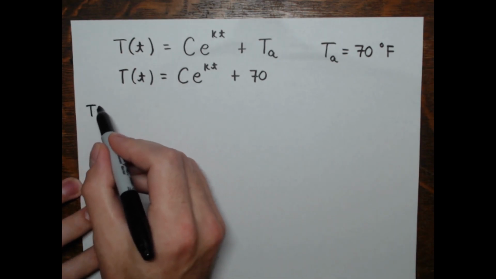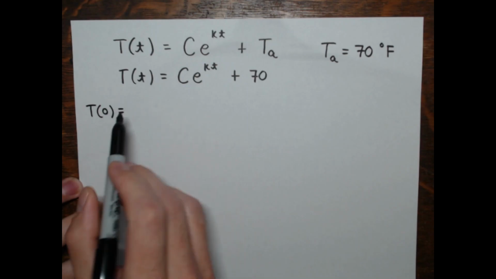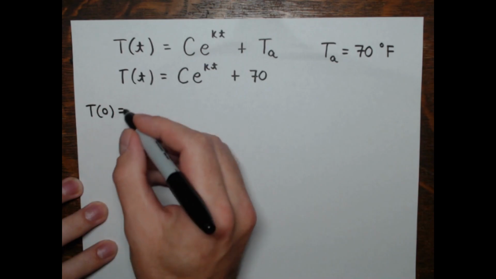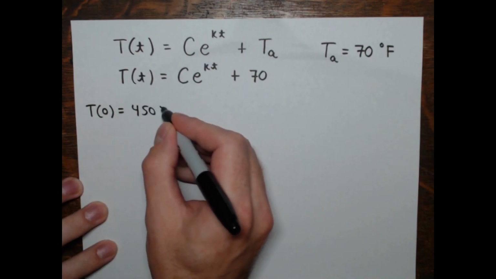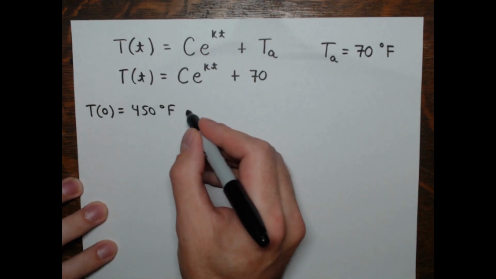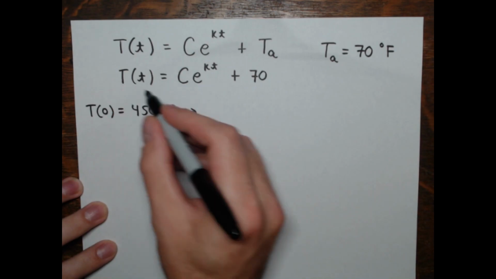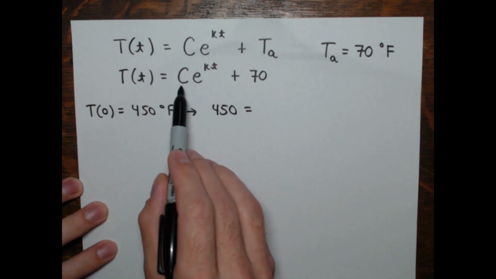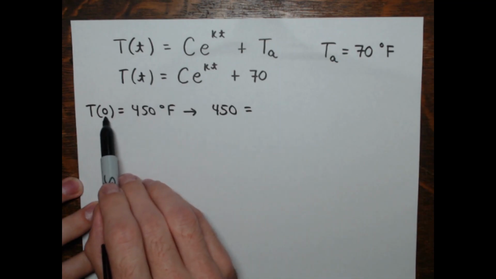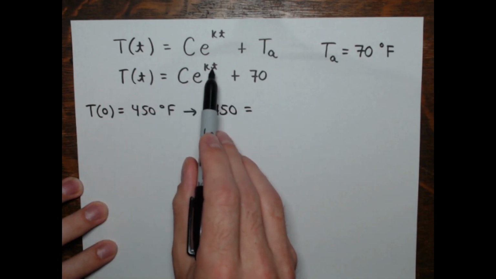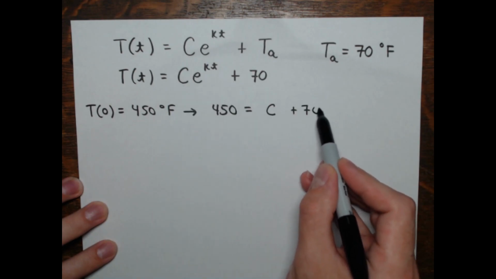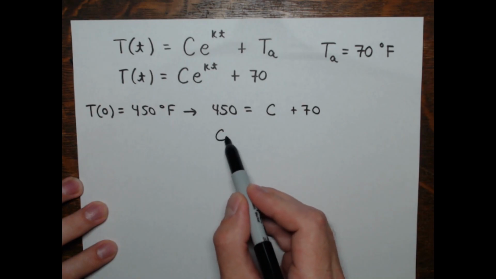But first, we were told that at time 0, when the cake was initially taken out of the oven, it is 450 degrees Fahrenheit. So capital T on the left here is 450 equals, and when I plug in 0 for little t, this would be e to the 0 times C, so it's just C plus 70. Let's take away the 70.